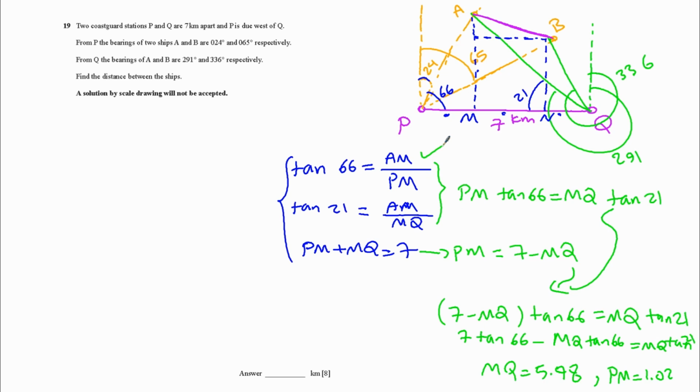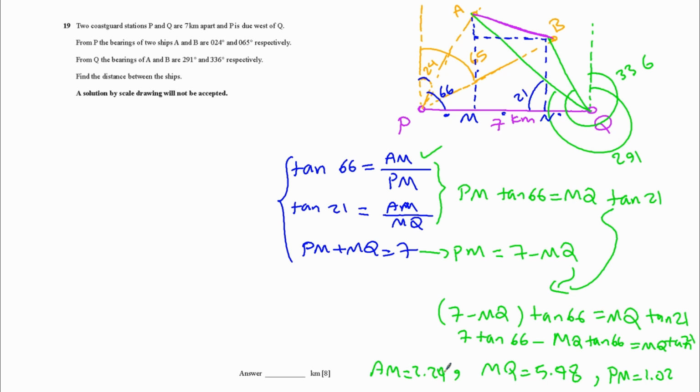So we want now to do exactly the same thing and find out PN, NQ and BN. Exactly the same method. I am going to write the same thing this time for two other triangles, on this side.